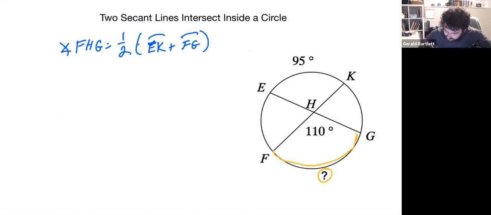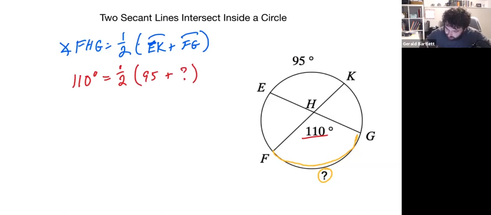Arc FGH we have in here as 110 degrees. We've got our half. Arc EK is 95 degrees, and arc FG is my unknown, so we got the question mark going on there.